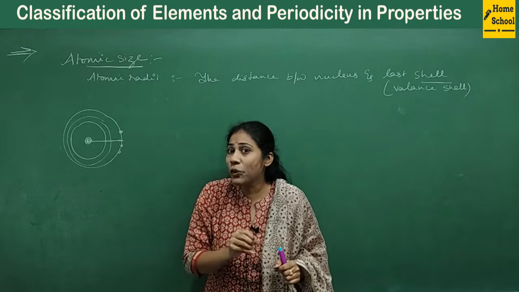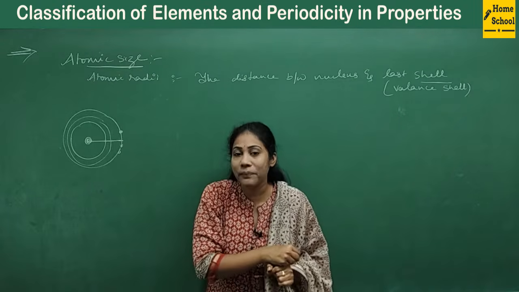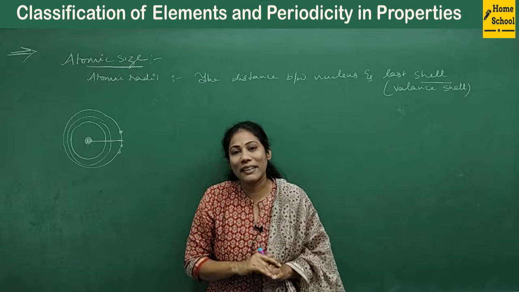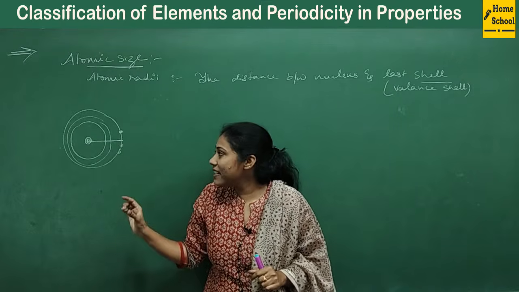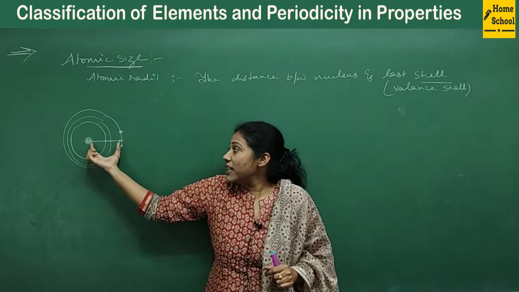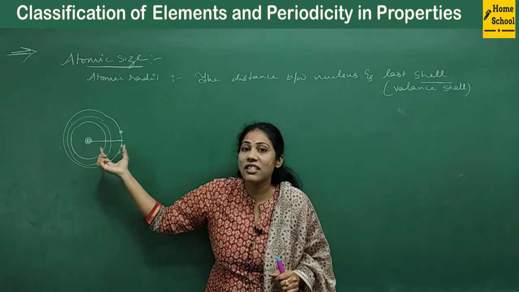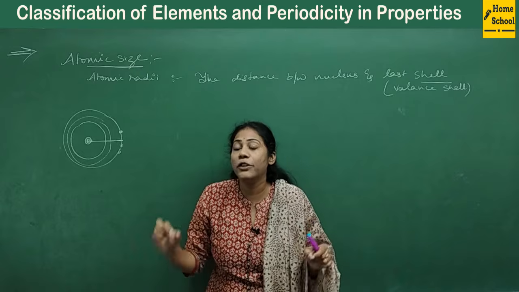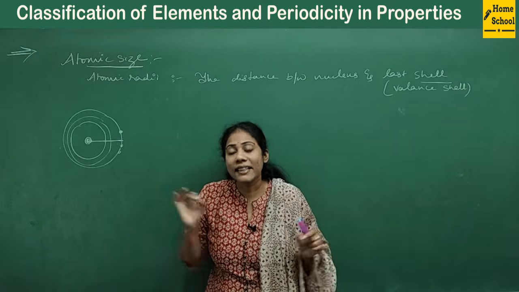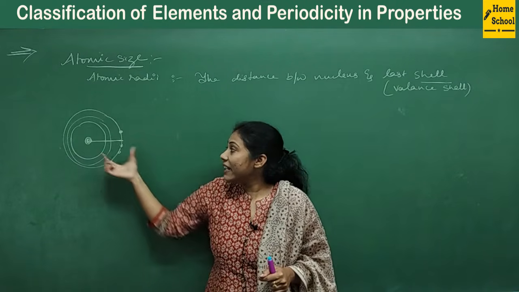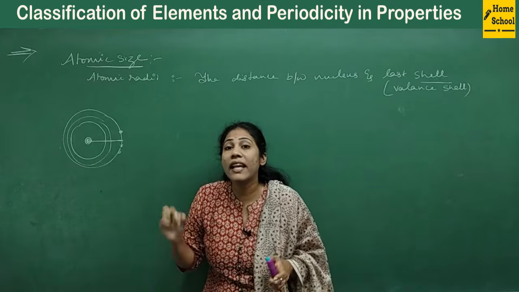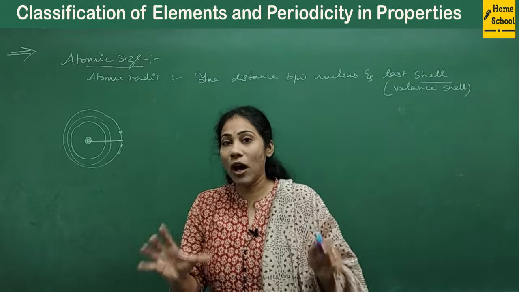Is it possible to extract one single atom? It's not possible practically, right? So that is the reason measuring this distance, the distance between the nucleus and the last shell, is practically not possible. That is the reason we are taking this distance with the help of several bonds.